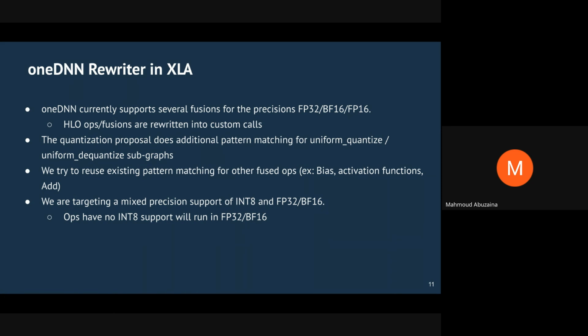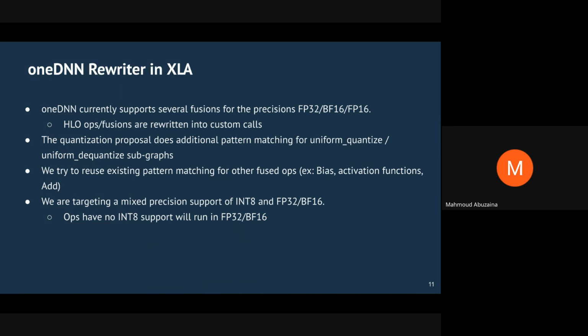The new thing that we are proposing here is that we need to fuse additional patterns, which are the uniform quantized patterns and the uniformly quantized subgraphs. Those are additional things that we need to fuse. But the idea is to leverage whatever we have for the remaining fusions, so we don't have any duplication.